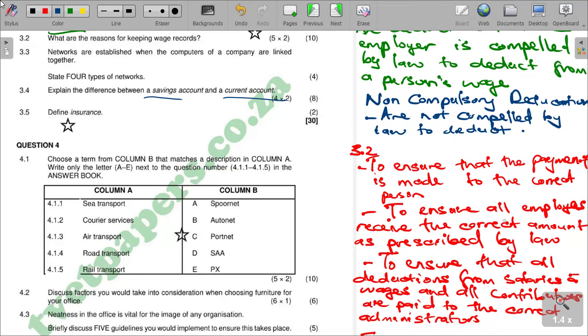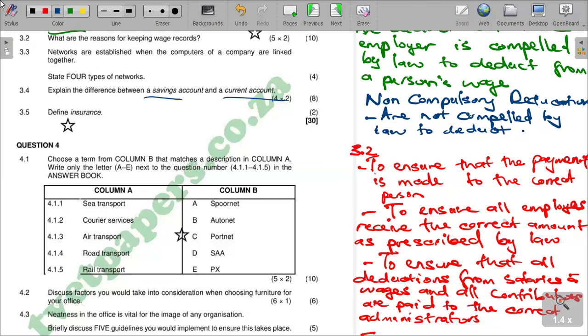When you're using a savings account, overdraft facilities are not available. Interest according to the type of account is earned. You can earn interest on daily balances of the account. The fees charged for every transaction are lower than for a current account.